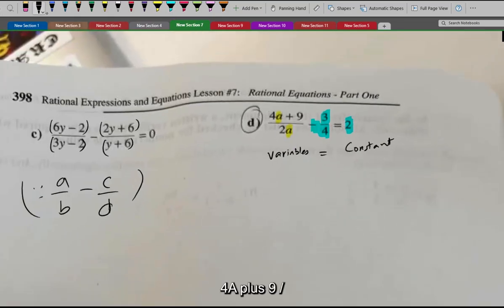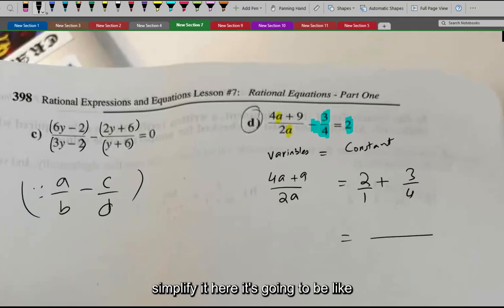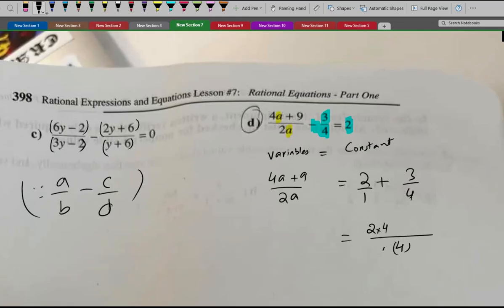So let's say 4a plus 9 over 2a, and this negative gonna be positive 3 by 4, and there is one denominator here, and if we just simplify it here, it's gonna be like 2 times 4 plus 3 times 1.